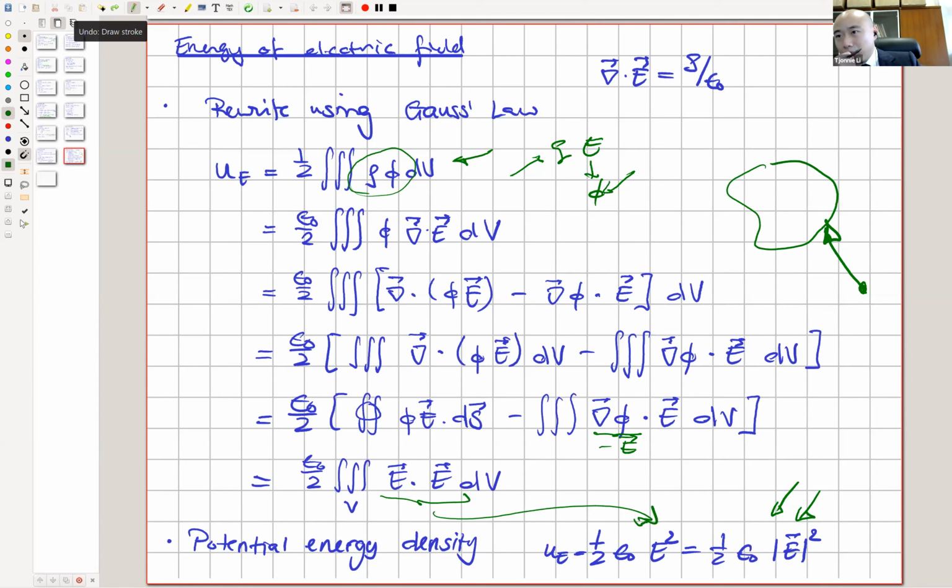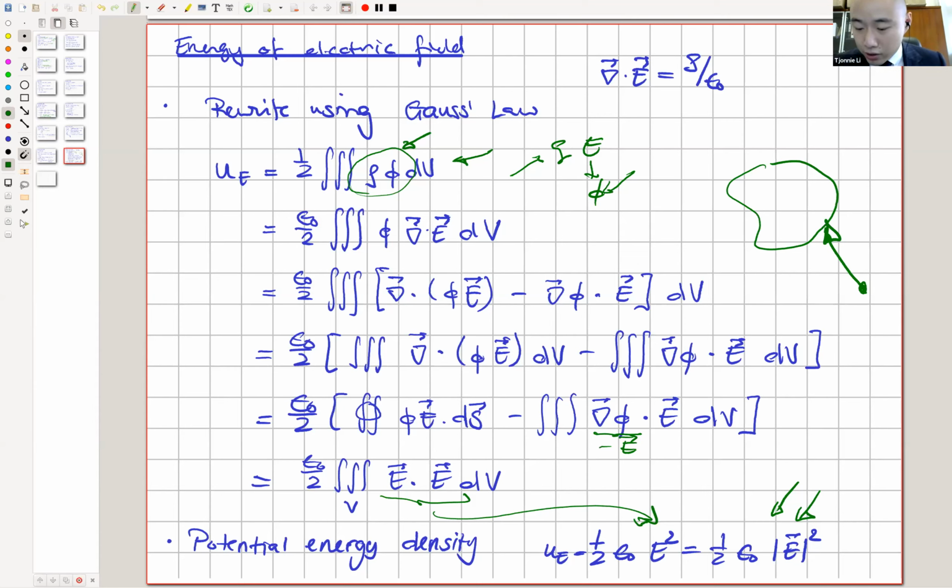So why can we consider the E field very far away? One way to maybe see this is the following. Let's say in this expression over here, in principle, I only integrate over my charge distribution to get U_E.